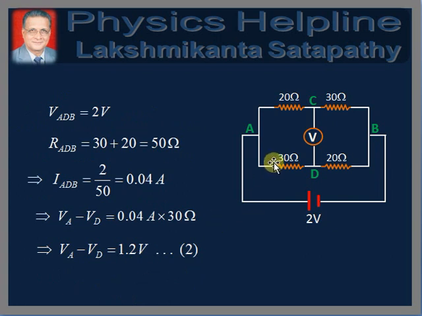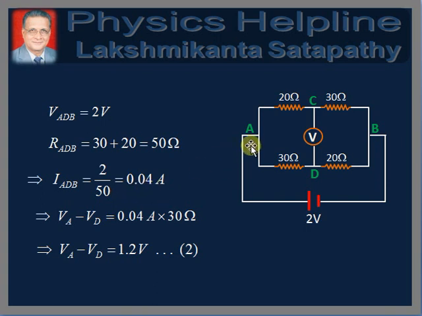Now for the lower branch ADB. Since A and B are connected across the battery, the voltage across ADB is also equal to 2 volts. And the resistance of the lower branch ADB, RADB, is equal to 30 plus 20, which is equal to 50 ohms. Therefore, current through the lower branch IADB will be equal to voltage 2 volts divided by resistance 50 ohms, which is again 0.04 amperes.